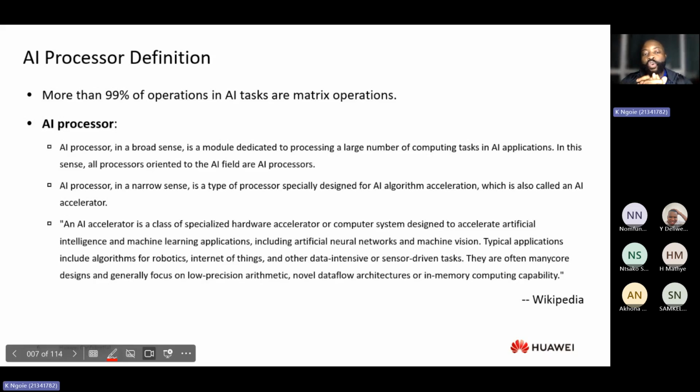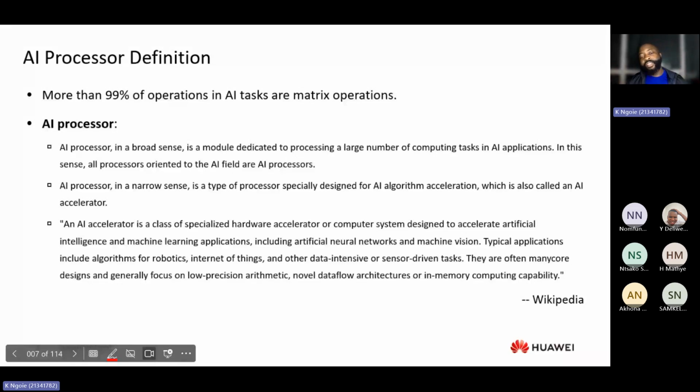All right. So AI processors are optimized to handle the massive numbers of calculations that are required for all the AI tasks. You need to understand that behind the AI tasks, we have what we call matrix operations. Matrix operations are high-level mathematical operations that are happening. We also have what we call parallel computation. What is parallel computation? It means we have many tasks happening at the same time.